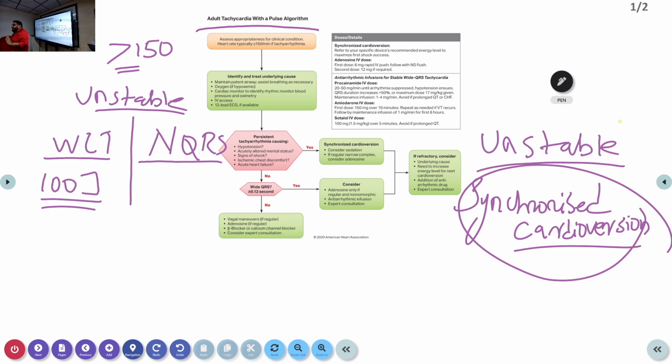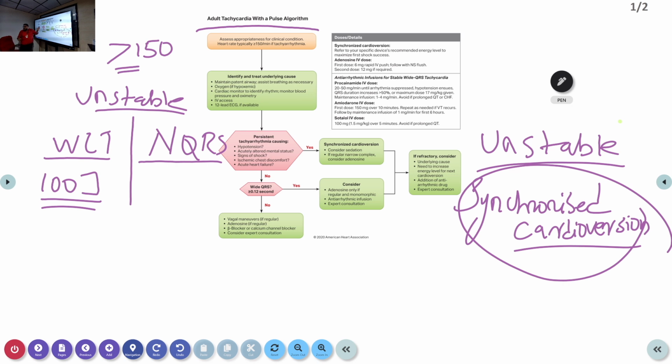So wide complex tachycardia here is ventricular tachycardia. You can start with 100 joules. You sedate the patient, press the synchronize button, and give synchronized cardioversion for an unstable wide complex tachycardia at 100 joules.